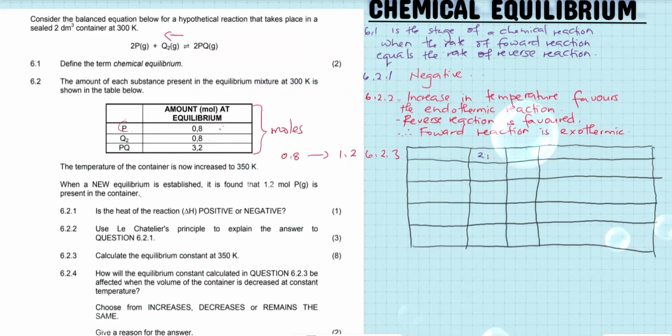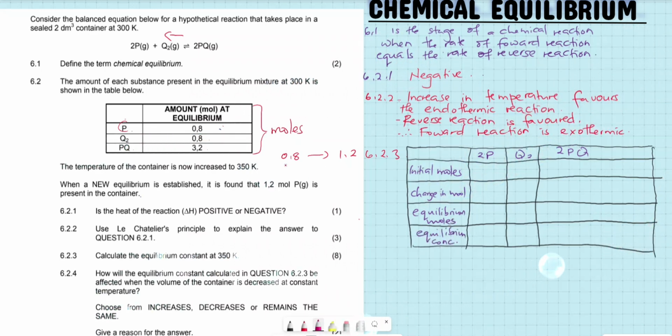We start with reactants 2P, then we have Q2 followed by PQ. The first thing we have here is the initial number of moles, followed by the change in moles, then equilibrium number of moles. Lastly, we have equilibrium concentration.